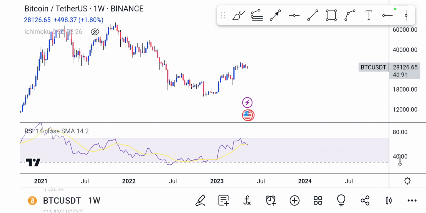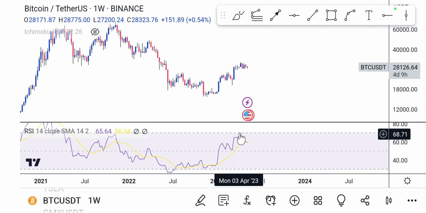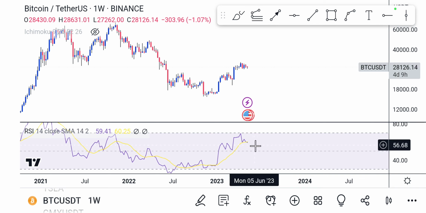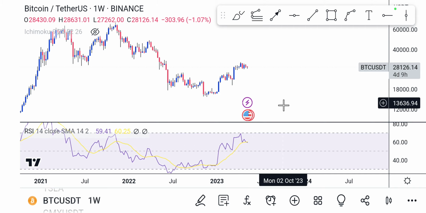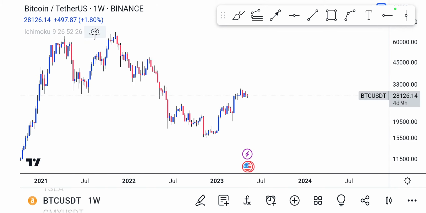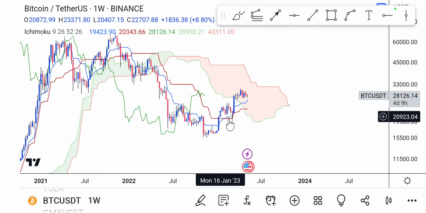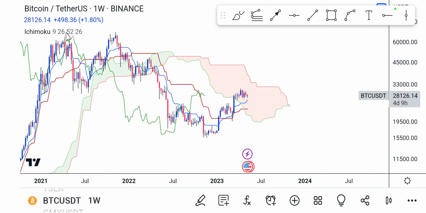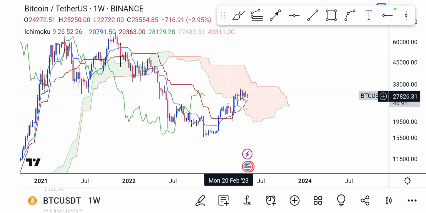As you can see, the RSI is saying it has touched the oversold level, but that doesn't really mean it's going to look for a support level before pushing back up. So what is the chart saying? Let's use the default settings, which is 9, 26, 52, 26.